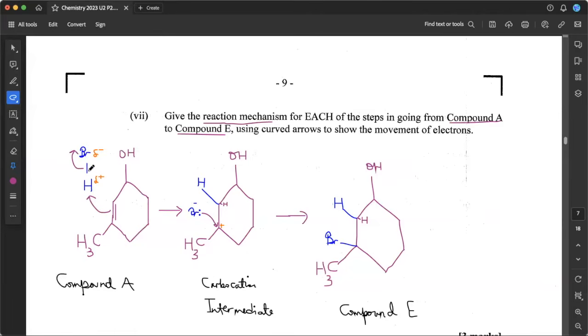That's what this step represented. Going from A to E was an electrophilic addition. So we have our HBr molecule, which is a polar molecule. The H will have a partial positive charge on it, and the bromine will have a partial negative charge on it because it's a polar molecule.